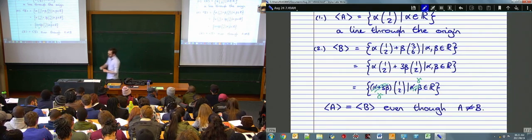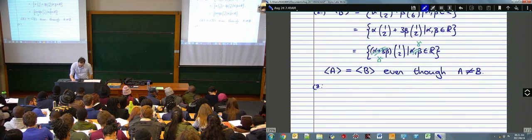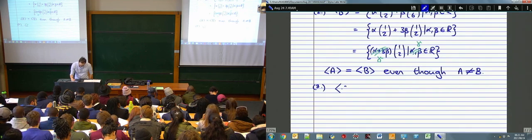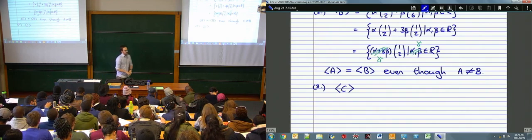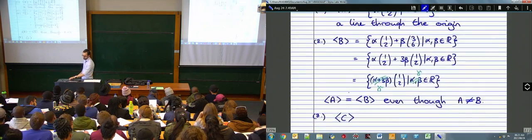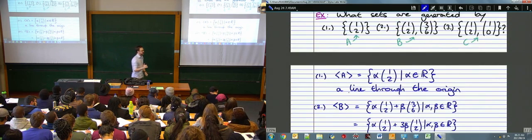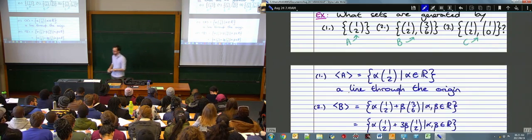And then the third problem, we've got this set C over here. Let's just go back and take a look at C. So what is the set which is generated by C? It's R2. It's all of R2.